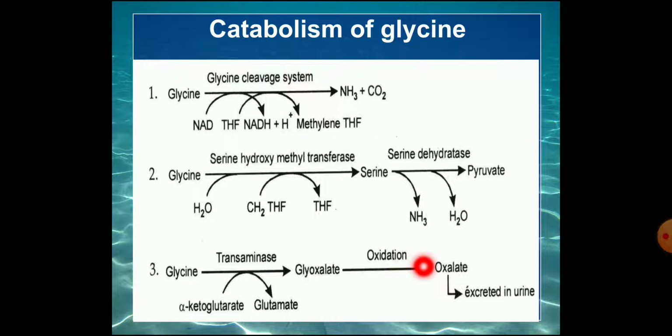So finally it can be excreted through urine also, and also glycine can produce ammonia in the serine dehydratase reaction. Ammonia is produced, which can also be converted to urea and excreted.